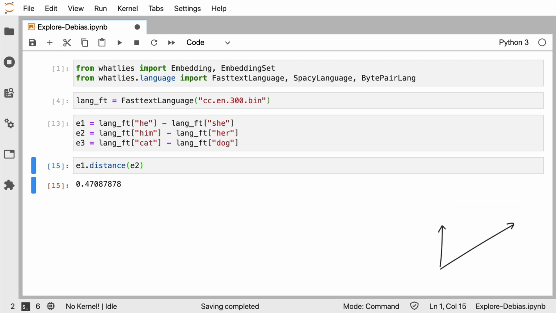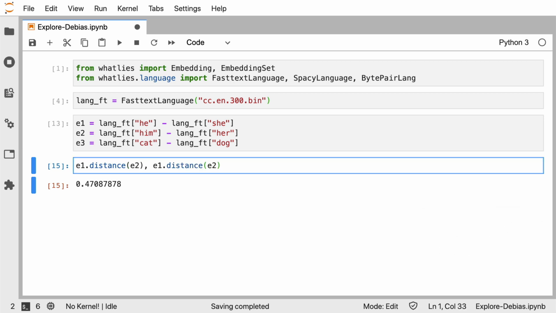Instead, what it calculates is this angle between the two vectors. And considering we're interested in the gender direction hypothesis, which is more about the angle, I would argue that this cosine measurement for the angle is indeed the thing that we're interested in. If I were to do the same thing from 1 to 3 though, it is a lot bigger.